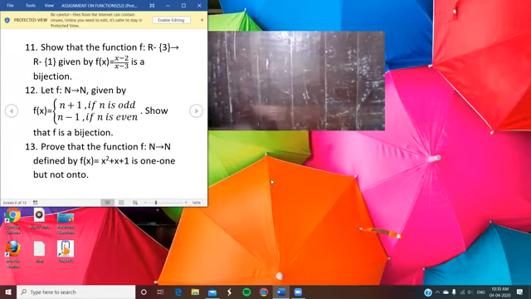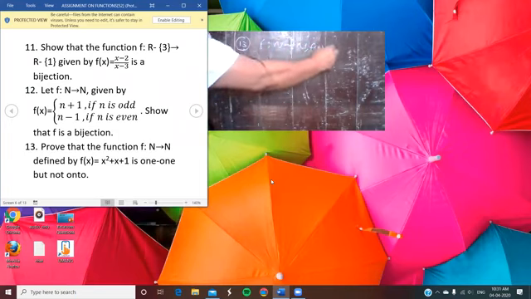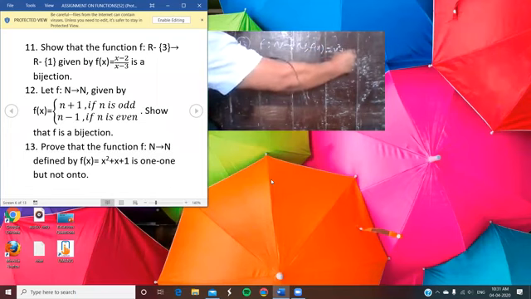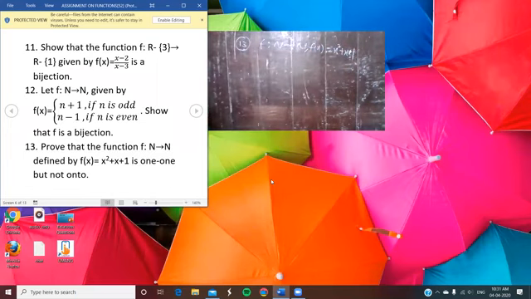Here you have to prove it is one-one in question number 13. f is such that N to N, natural number to natural number, f(x) is equal to x square plus x plus 1, and here you have to prove that it is a one-one function.